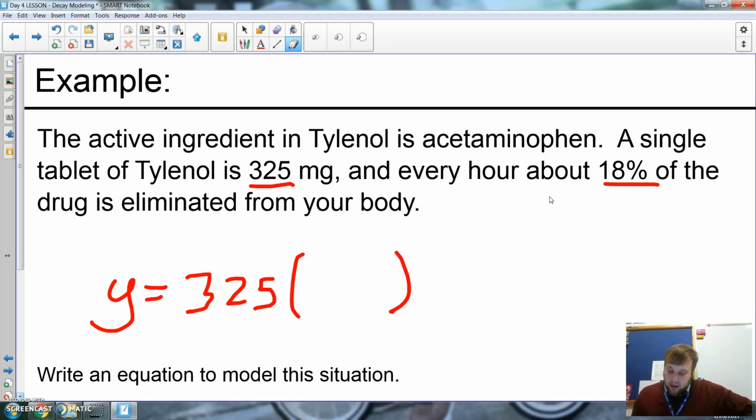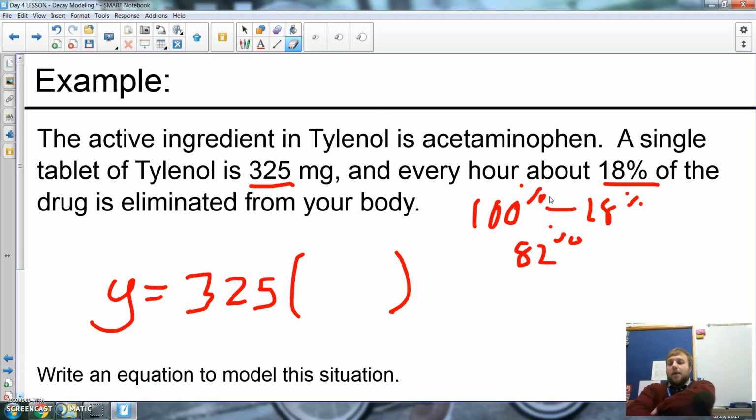So if I am minusing, everything starts there at 100%, and I'm decreasing by 18%. So if I'm decreasing by 18%, that means I am actually at 82%.